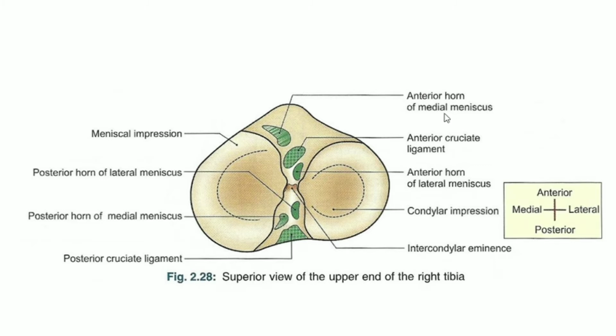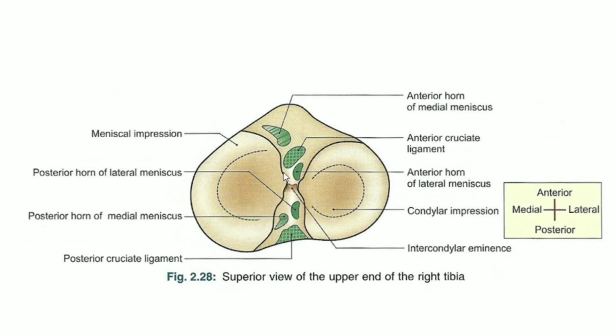This is the anterior horn of medial meniscus, anterior cruciate ligament, anterior horn of lateral meniscus. In the posterior part of the intercondylar area, this is the intercondylar eminence. Posterior to the intercondylar eminence there is the posterior horn of lateral meniscus, posterior horn of medial meniscus, and lastly the posterior cruciate ligament.